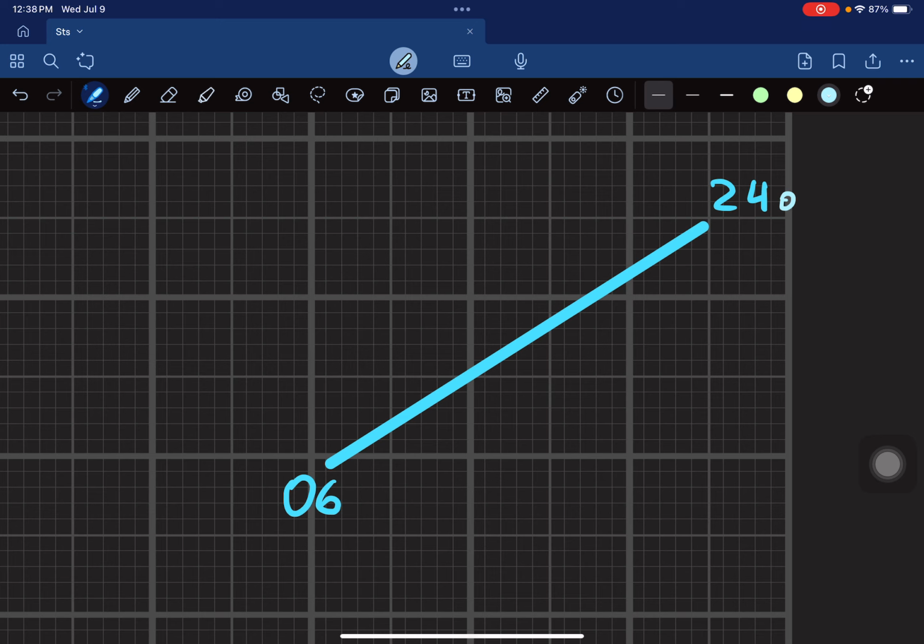Now, airplanes take off against the wind, but if the winds change, you would use the opposite side of the runway for takeoff. You would be using runway 06.